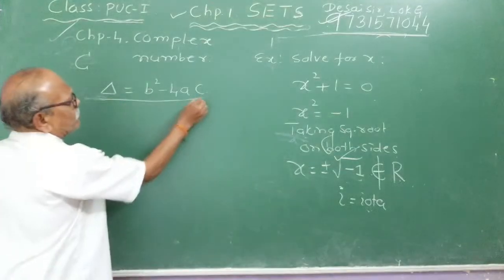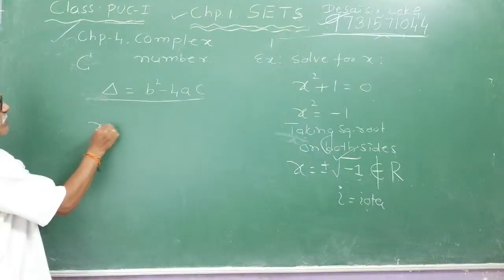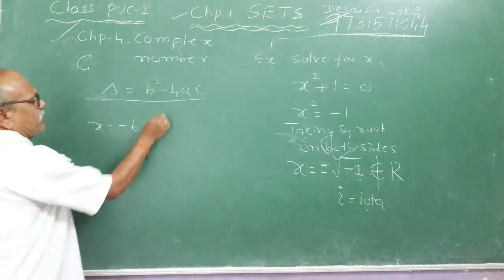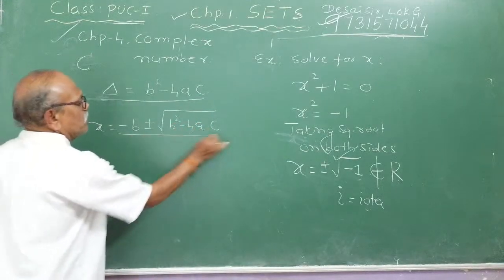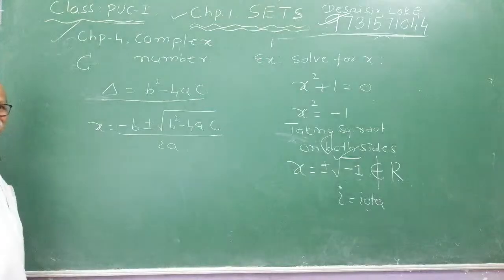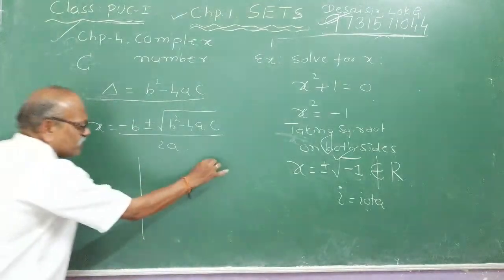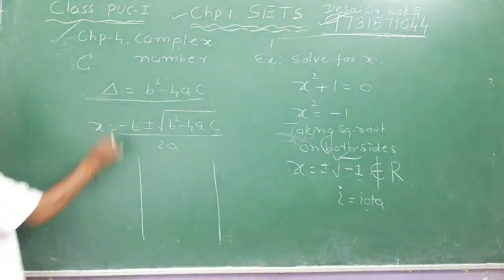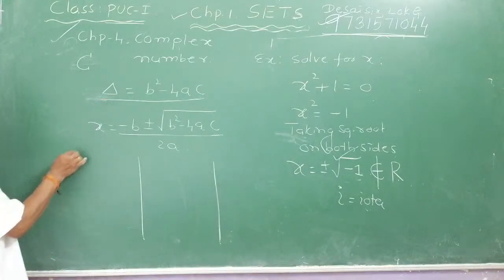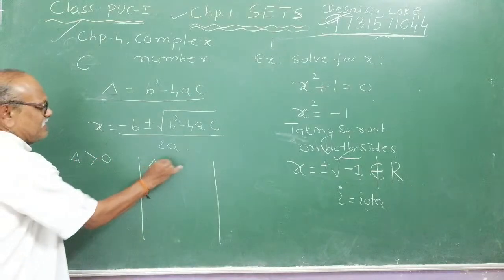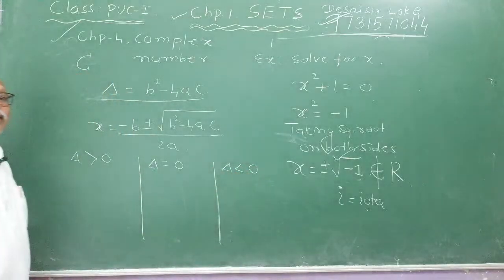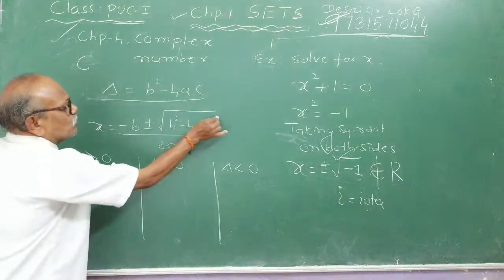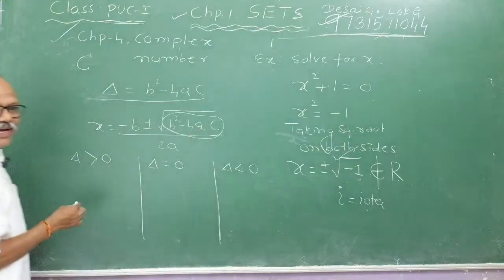Actually, it is a part of the quadratic formula. What is the quadratic formula? Minus b plus or minus root of b square minus 4ac upon 2a. Isn't it? And in the chapter on quadratic equations, you studied if delta is greater than 0, delta is equal to 0, delta less than 0. Delta means this total thing under root.